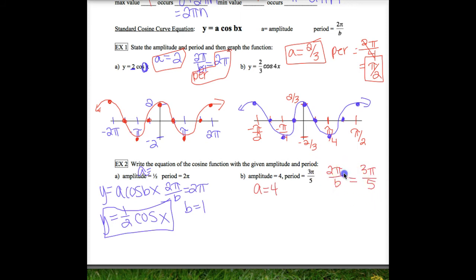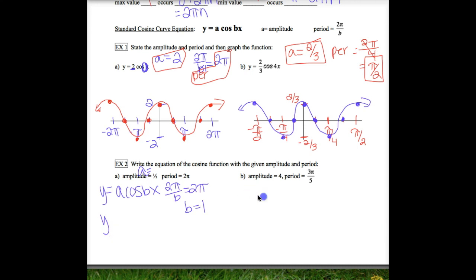So cross multiply: 2 pi times the 5 to get 10 pi, and then B times 3 pi on the other side. In order to get B alone, we need to divide both sides by 3 pi. So the pi's cancel each other because we've got one on top and one on bottom, but then 10/3 does not reduce. That's as far as we can go with that.